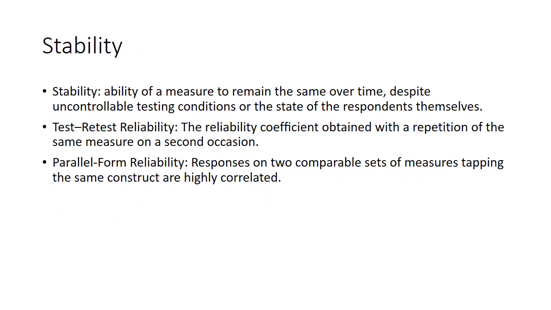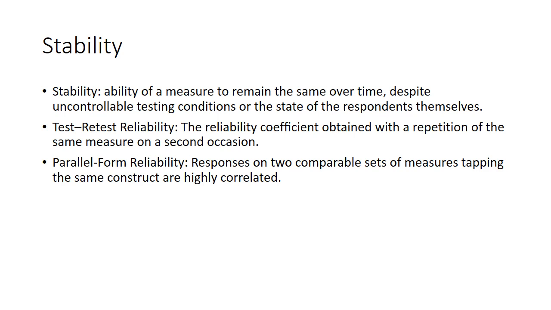So let's start discussing stability. Stability, as we already got to know before, is when it is the same at different times. It is the ability of a measure to remain the same over time despite uncontrollable testing conditions or the state of the respondents themselves.